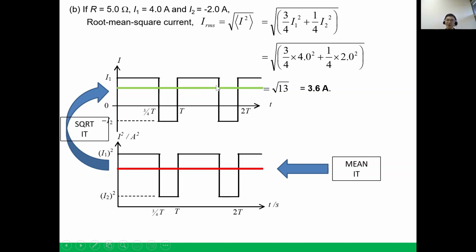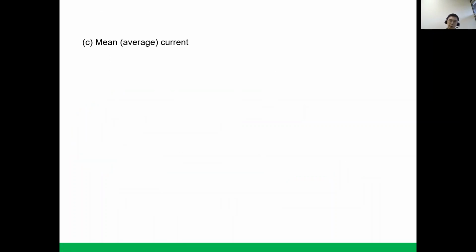Take a look, it's a bit interesting, because the peak value is 4 and the other value is -2, yet the root mean square value is actually a lot higher than the mean value. If you don't believe me, let's look at part C. I put in part C to prove to you that the root mean square value and the mean value are not the same. If you want to take the mean value of the current, you will take 3 over 4 times I1 plus 1 over 4 times I2, over the full period.